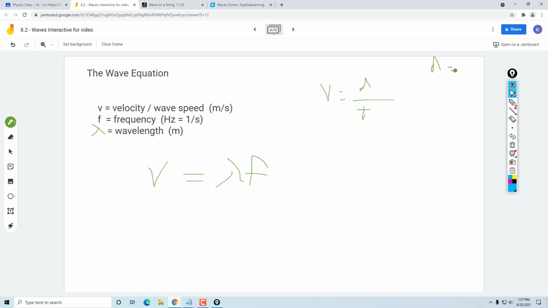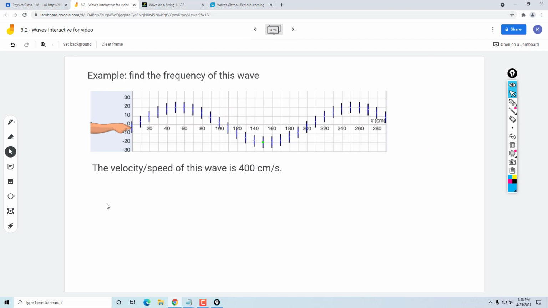Distance is basically every wavelength governs how much distance it travels, and the frequency is 1 over a time. So that d becomes lambda, and 1 over t is f. So that's why v equals lambda f. So we know v is lambda f.